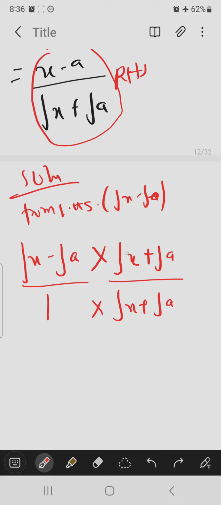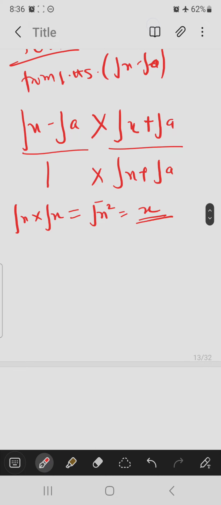So now this one will be x times x, and x times root x is going to be root x squared. So we now have x. The second one is x times minus root a, which is minus root ax.